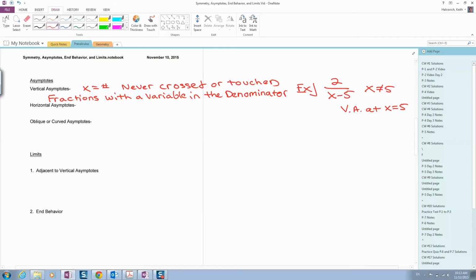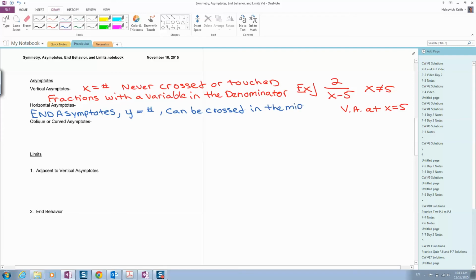Horizontal asymptotes are different. They are end asymptotes. You will get y equals a number, and they can be crossed in the middle.